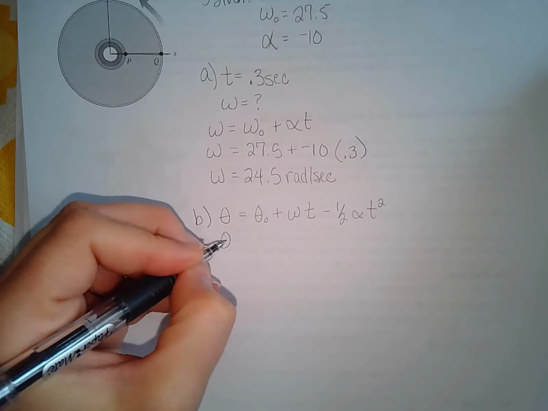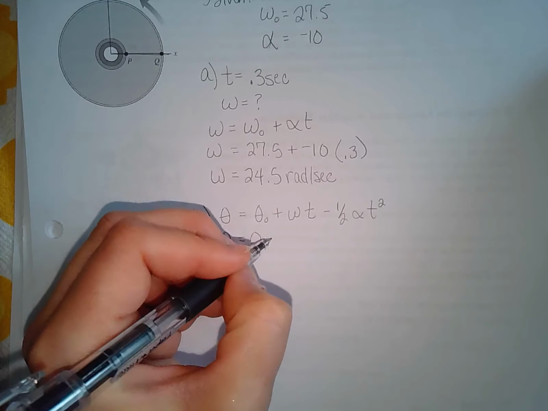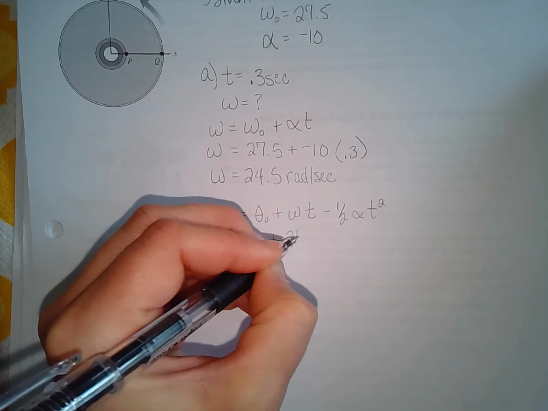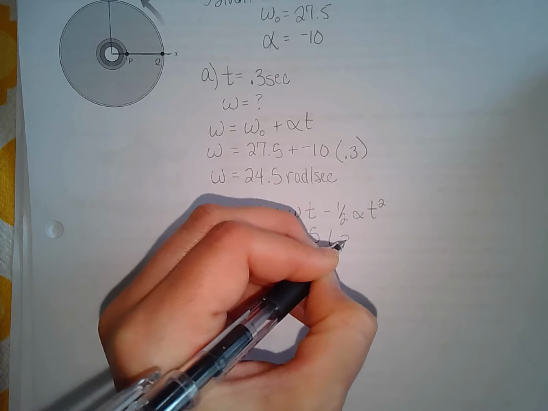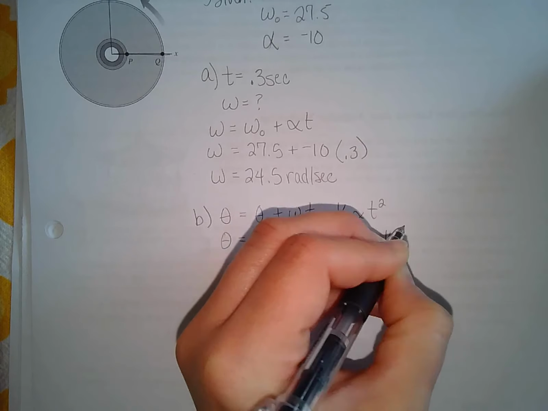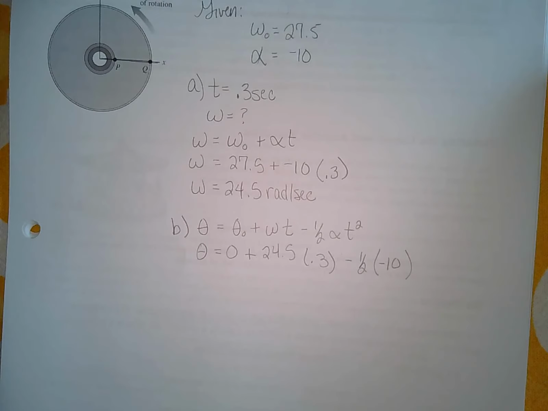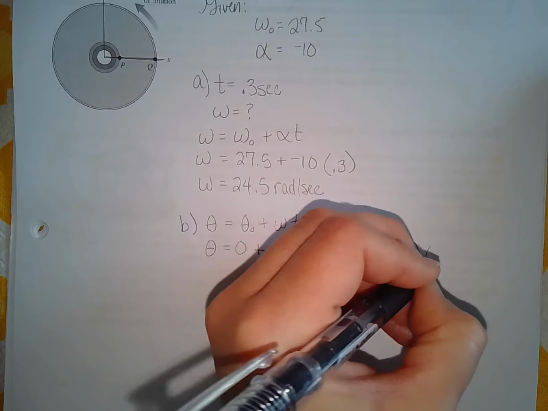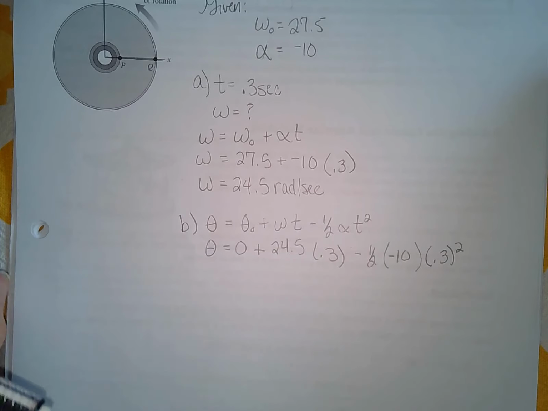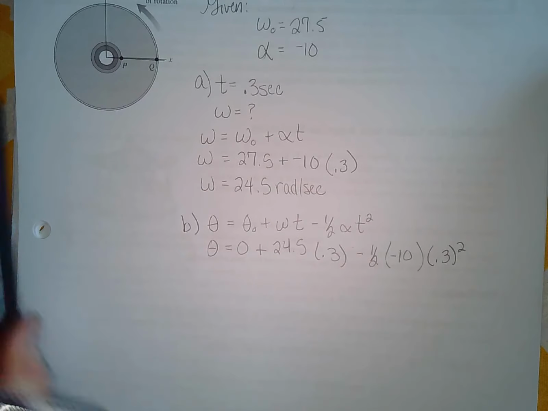So I don't know what theta is. It was originally at 0. My ending velocity is 24.5. My time is 0.3. Minus 1/2, angular acceleration is -10, and time squared. This is a simple plug and chug into our calculator.